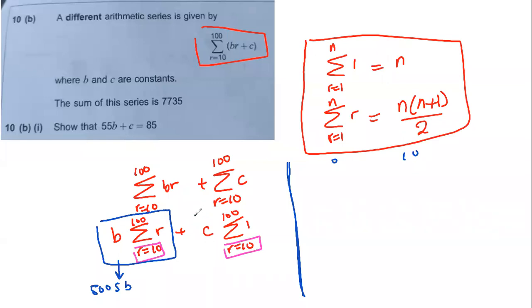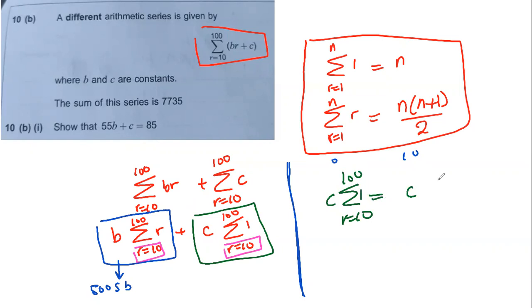For that expression, in the same way, the summation from r equals 10 to 100 is simply equal to the summation of 1 from 1 to 100 minus the summation of 1 from 1 to 9. Remember, I'm summing from 10, so I don't want all the counting from 1 to 9. I want to start from 10.